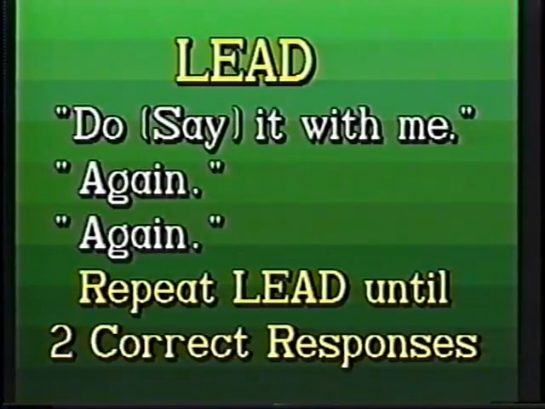That means repeat the lead as many times as it takes to get the children to respond 2 times in a row correctly with you. Sometimes, to prompt myself while I'm leading, when I finally get a correct group response, I'll say one more time and lead again.